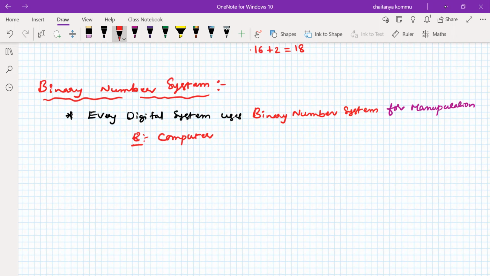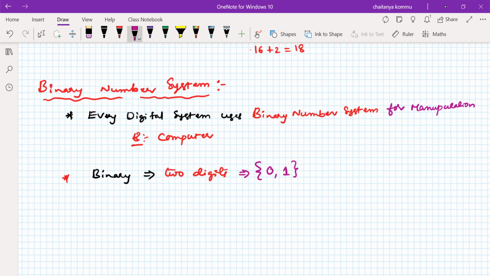So what do you mean by a binary number system? Binary stands for 2 digits. We can write here: binary stands for 2 digits. What are those two digits? As we have already seen, 0 and 1.